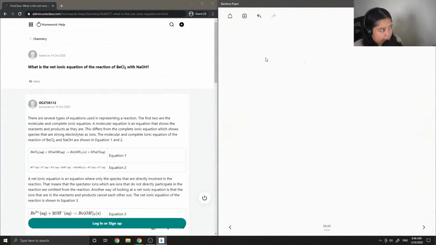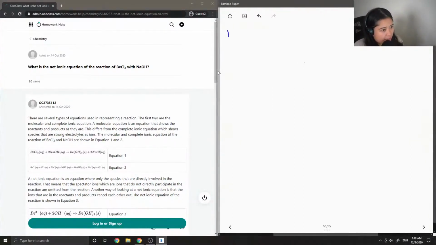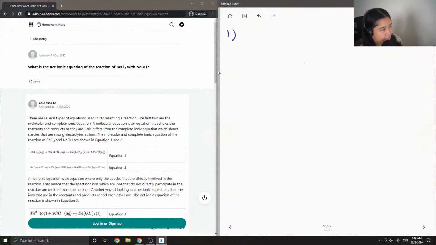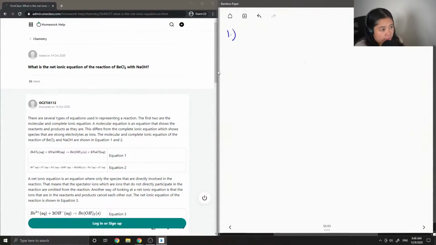Okay, so question 1 asks, what is the net ionic equation for the reaction with beryllium chloride with sodium hydroxide? Okay, so step 1 is to just balance the atoms.